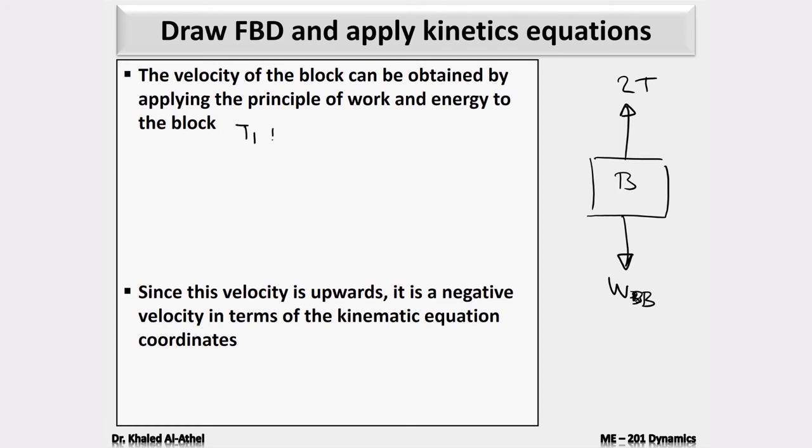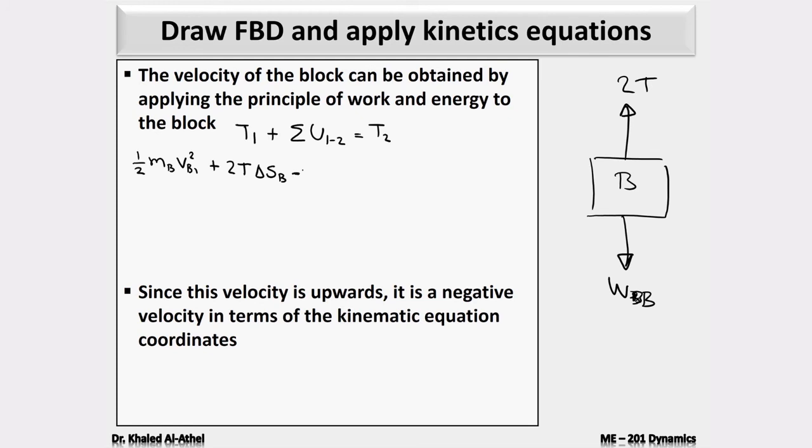So I have T1 plus summation of work from 1 to 2 should equal T2. Start with T1, I have half mB, velocity of B at position 1 squared, then plus I have two tension, 2T multiplied by delta SB, and since the block is moving upward and the tension is upward, it is positive work, so it is 2T multiplied by SB.